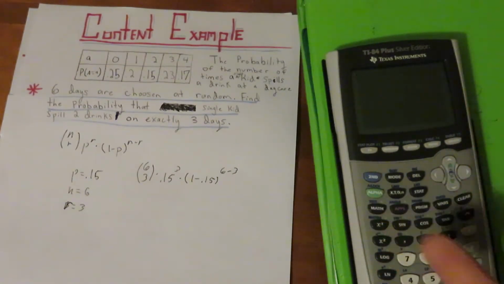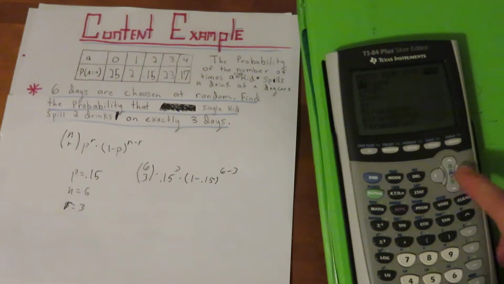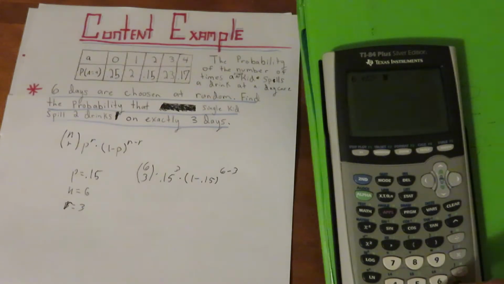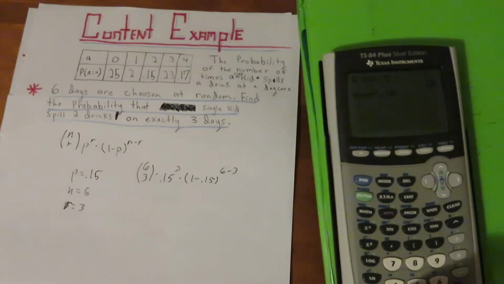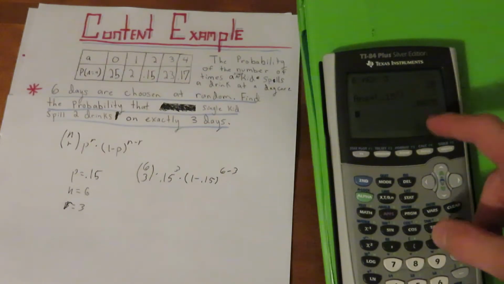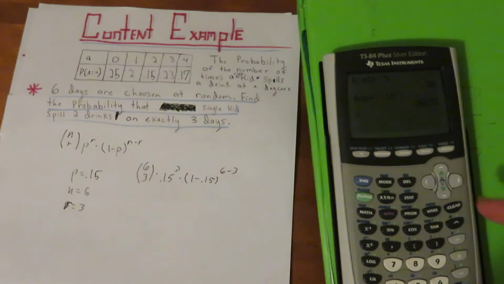So then we do math, nCr, put 6 over here, 3 over here. That gets you 20. 20 times 0.15 to the power of 3 gets you 0.0675.